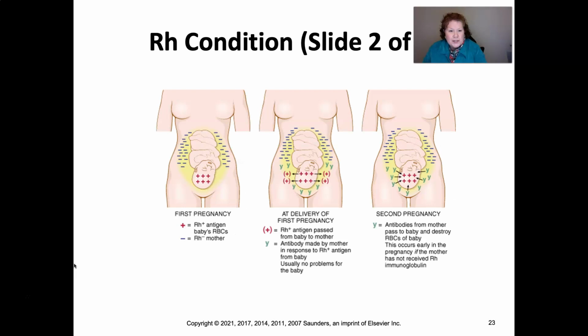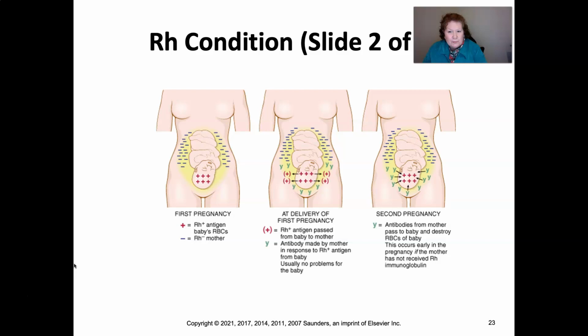So it gives you the example of how your first pregnancy, if you are Rh negative and the baby is positive, looks. Then at the delivery, the antigen is passed from baby to mom, and the mom makes antibodies. There's usually no problem for the baby at this point.